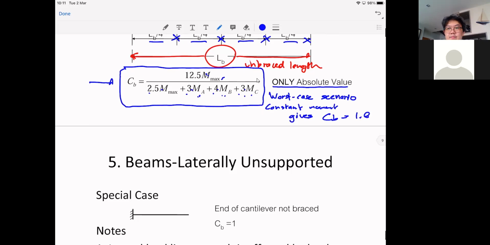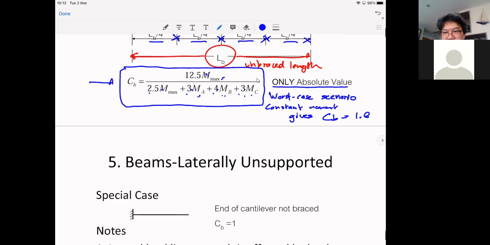And remember, this is the worst case scenario and CB is equal to 1. CB is meant to help reflect the fact that your bending moment diagram that is not constant can help, for the lack of better word, strengthen the flexural capacity of your beam. Therefore, CB must always be greater than 1.